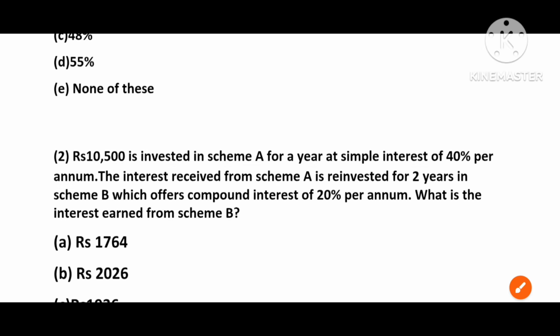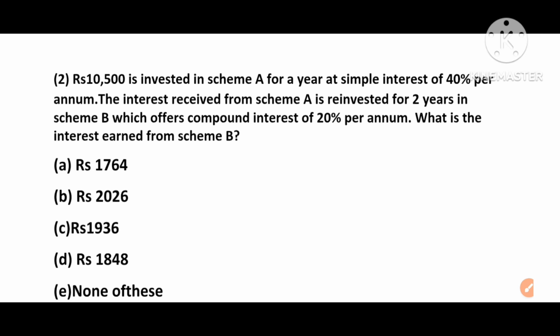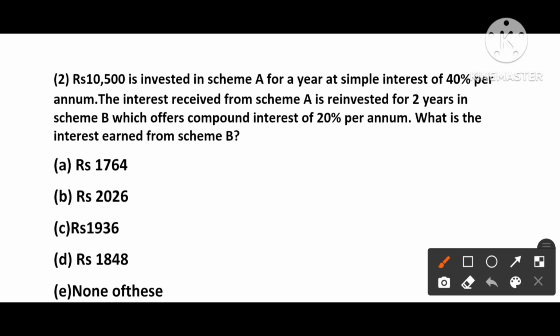Next, second question. Let's solve this one. Here it says that 10500 is invested in a scheme A at a simple interest of 40% per annum. So 10500, we eliminate that and 40% per annum. So 40. This is the interest what we get for an year.